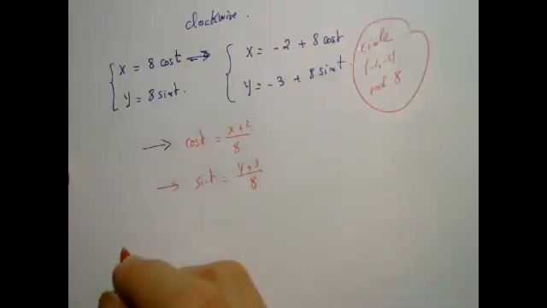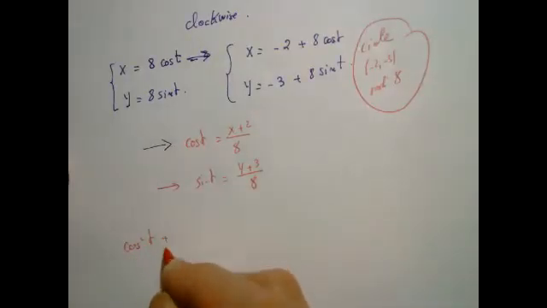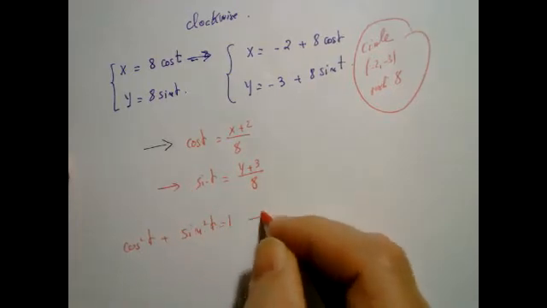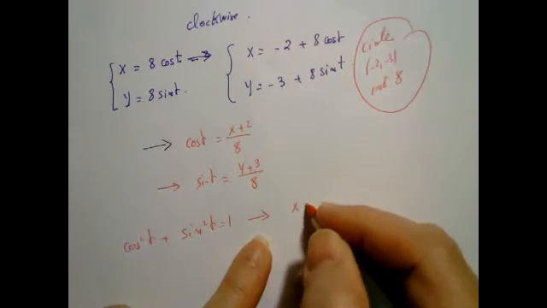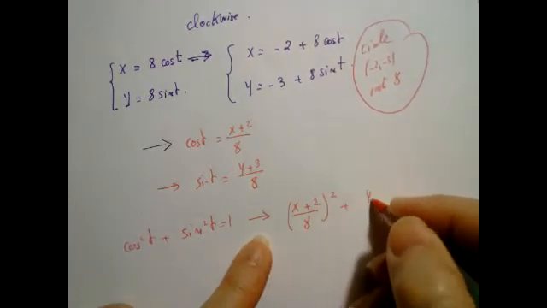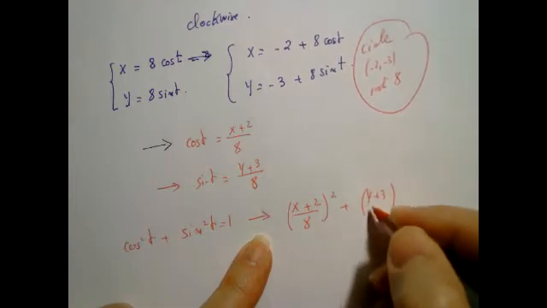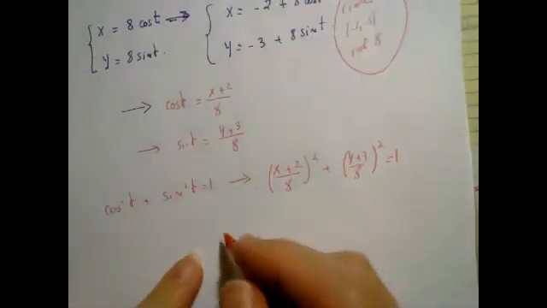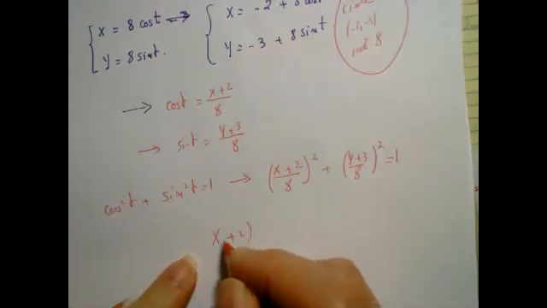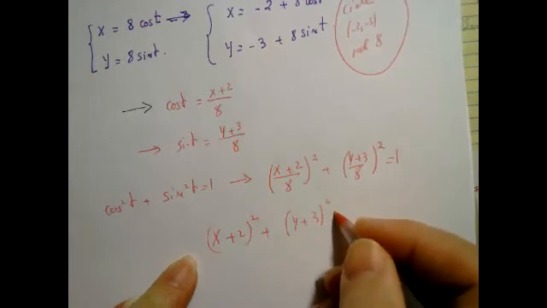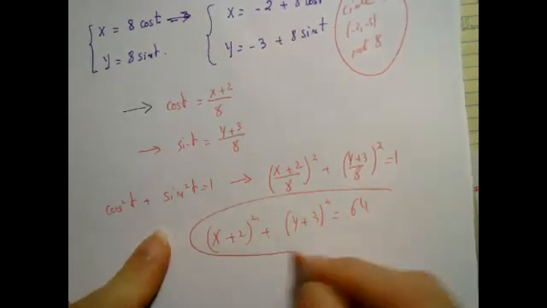And now I use the fact that cosine squared plus sine squared equals 1, which will give me (x plus 2 over 8) squared plus (y plus 3 over 8) squared equal to 1. And now a little bit of math would tell me that this is going to give me (x plus 2) squared plus (y plus 3) squared equal 64.